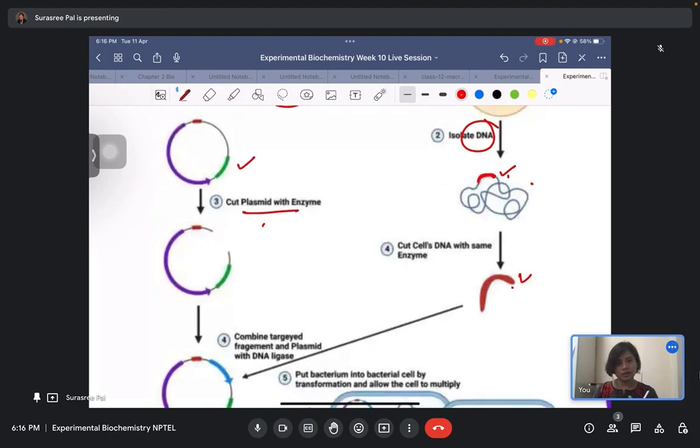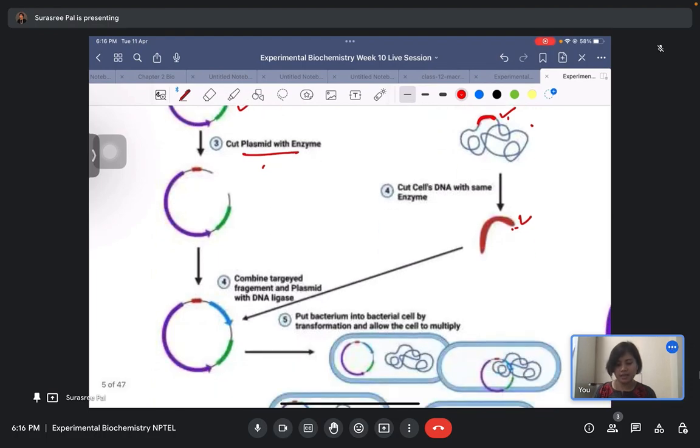So the plasmid and this stretch of DNA have to be cut with the same enzymes, such that they can be joined together. So this stretch of DNA can now be joined into this plasmid vector.